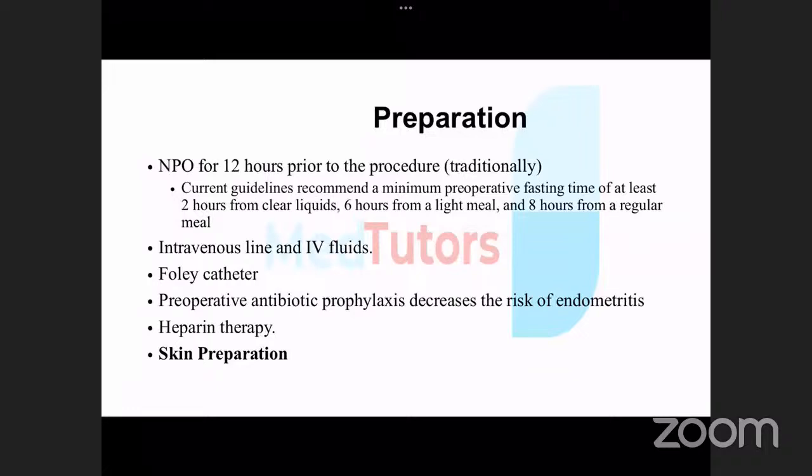Now, the patient should be nil per os for 8 to 12 hours pre-op. This is traditional. The current guidelines recommend that the woman have pre-op fasting of at least 2 hours from clear fluid, 6 hours from a light meal and 8 hours from a regular meal. So her last regular meal should be at least 8 hours before surgery, but she can still have a light meal 6 hours before surgery and clear fluid, including water, 2 hours before.